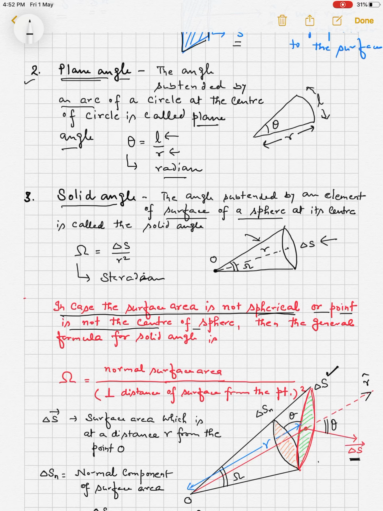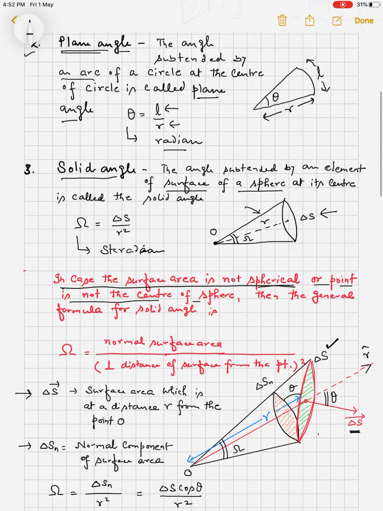Here another surface is shown that is perpendicular, or we can say it is the normal component of the surface delta S. Delta Sn is the normal component of the surface area, and delta Sn is delta S cos theta.